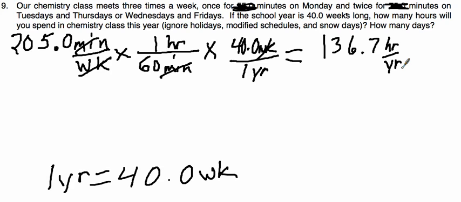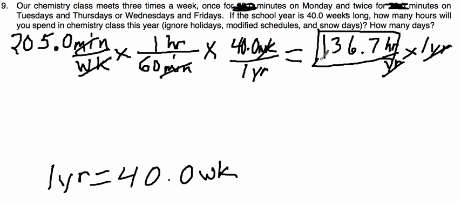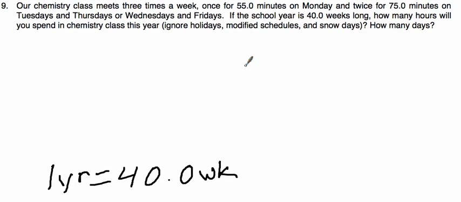The actual question was asking how many overall hours that would be, and if you multiply this by 1 year, how many hours would it be in 1 year? It's going to be 136.7. So that would be our actual answer. I'm going to box it: 136.7 hours.